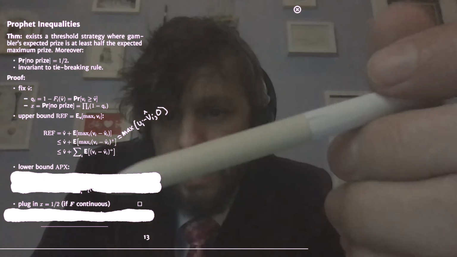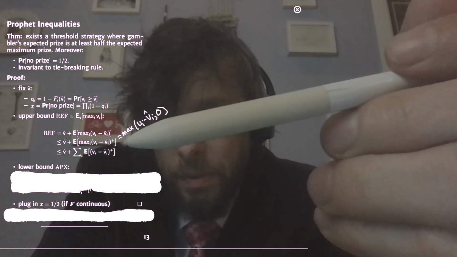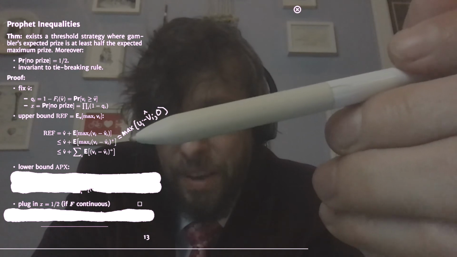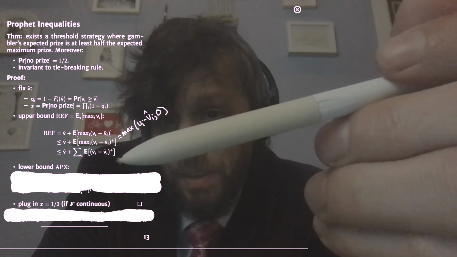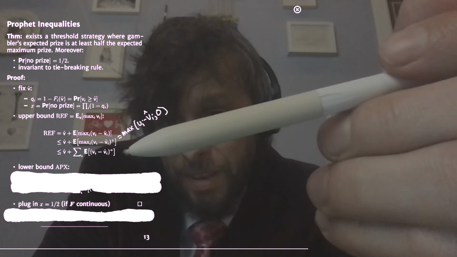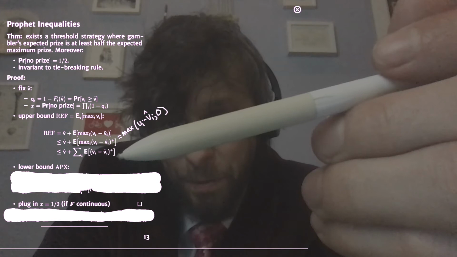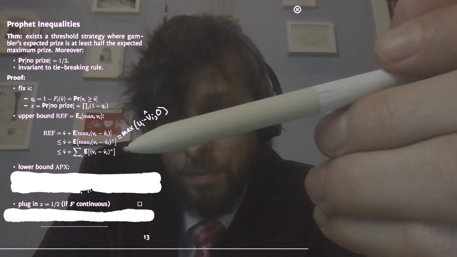Great, so these variables are all non-negative now. And since I have the expected maximum of some non-negative variables, I can replace that with the expected sum of non-negative variables and get an even bigger upper bound.